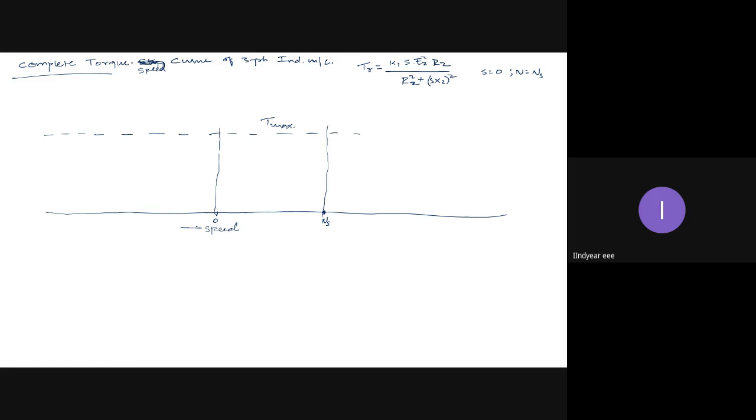At that time, torque is 0. As the slip increases, the torque also increases linearly.